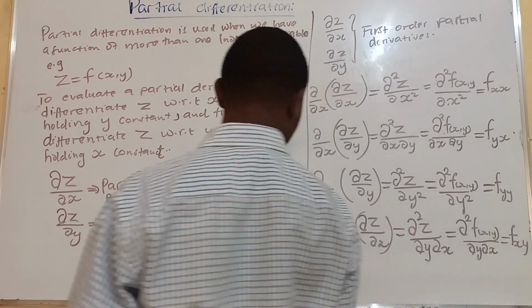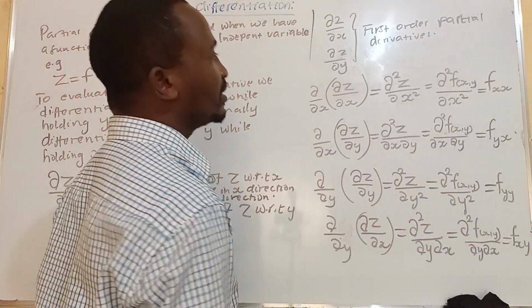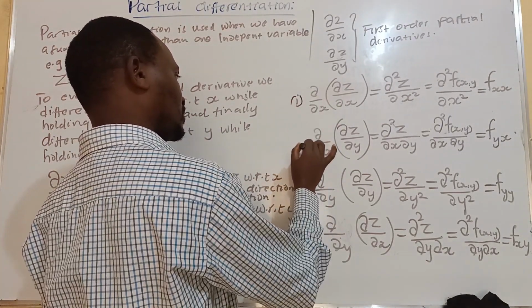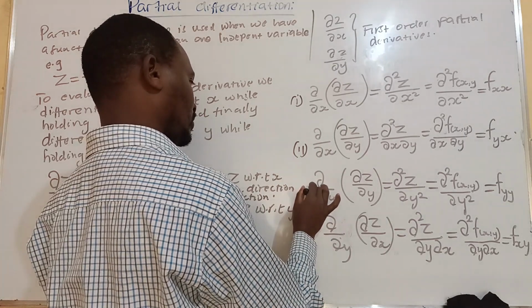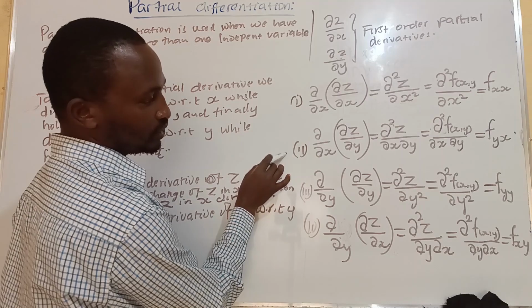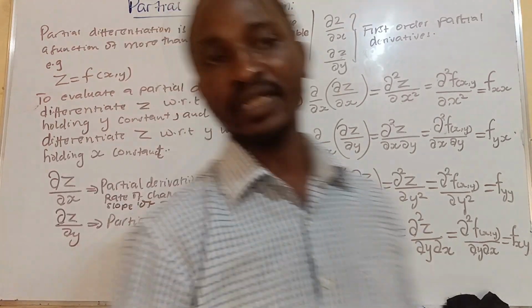So, these two, number 2 and number 4, are called mixed derivatives.